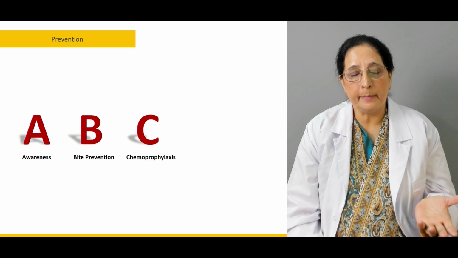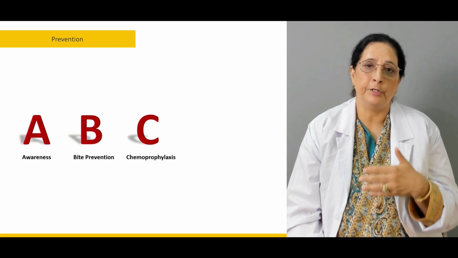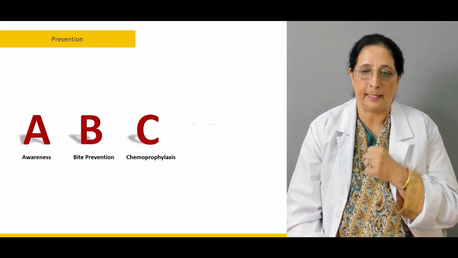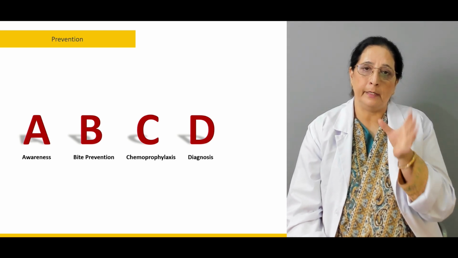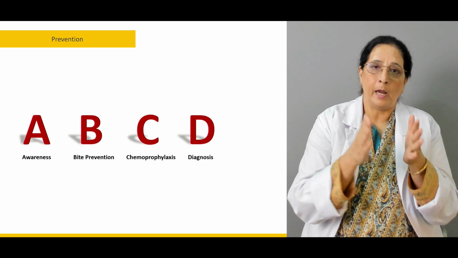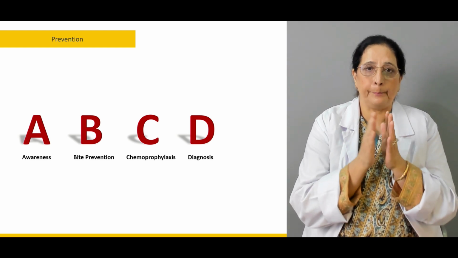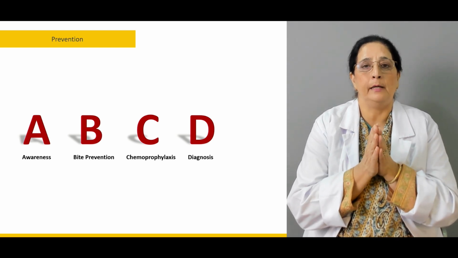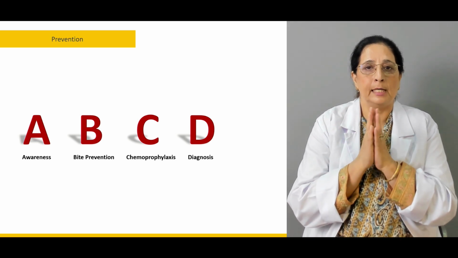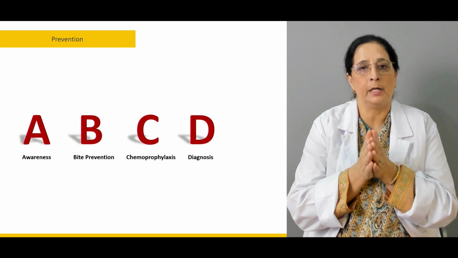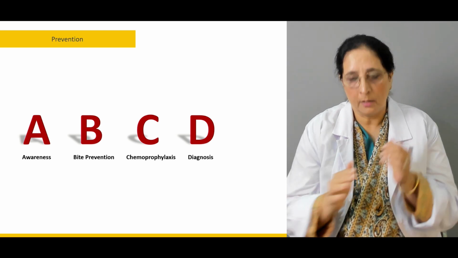Chemoprophylaxis, I already mentioned some drugs that can be used. Diagnosis, we should diagnose malaria early, and as we mentioned, there are rapid tests for malaria, which tell us whether the patient has malaria or not.